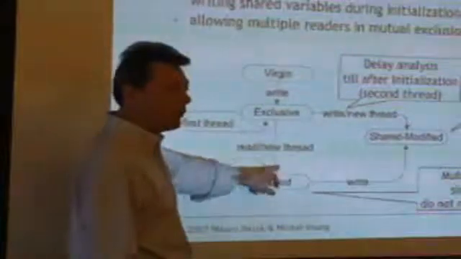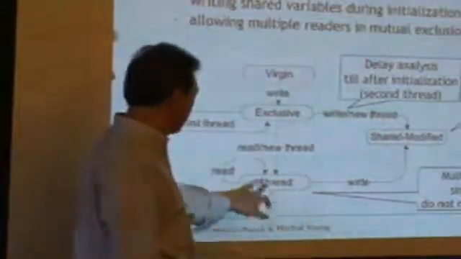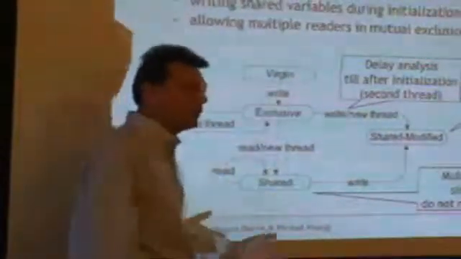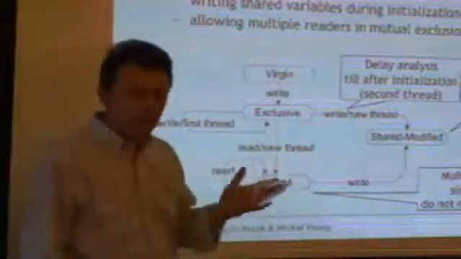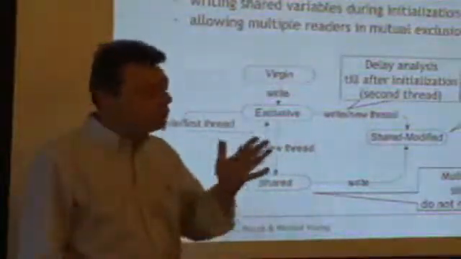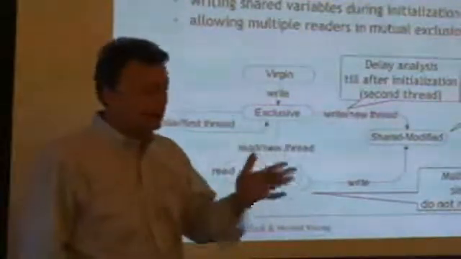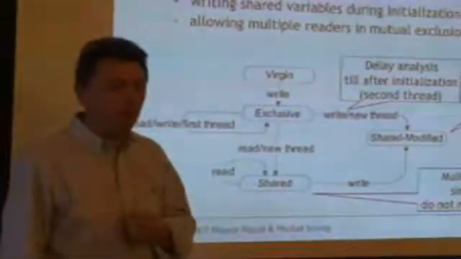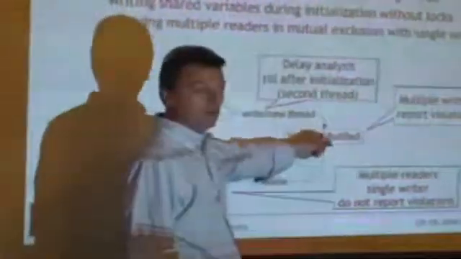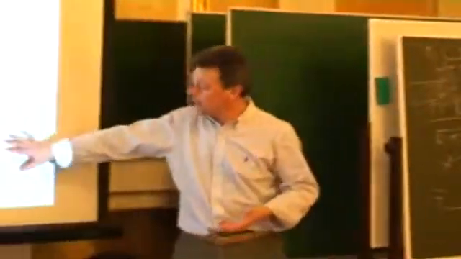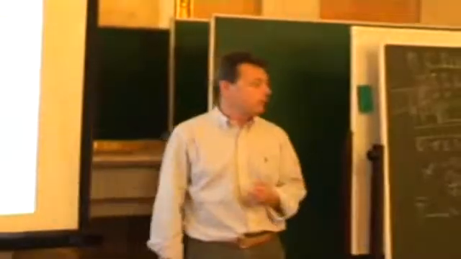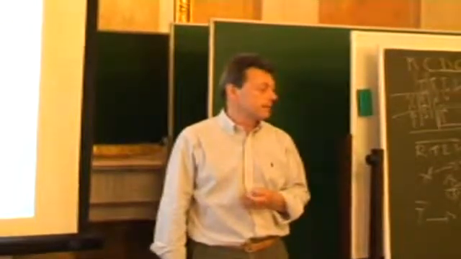So if a new thread reads, you go to shared, and you can read. Again, no problems. If I'm initializing and I'm the only one who writes and you can actually read, that's okay. The matter is only when more than one thread accesses the memory in reading mode. Now, if you now write, you go to shared-modified mode. And here you start the lockset analysis. So it's, again, a simple solution, but at this point you actually get a lot of good information.